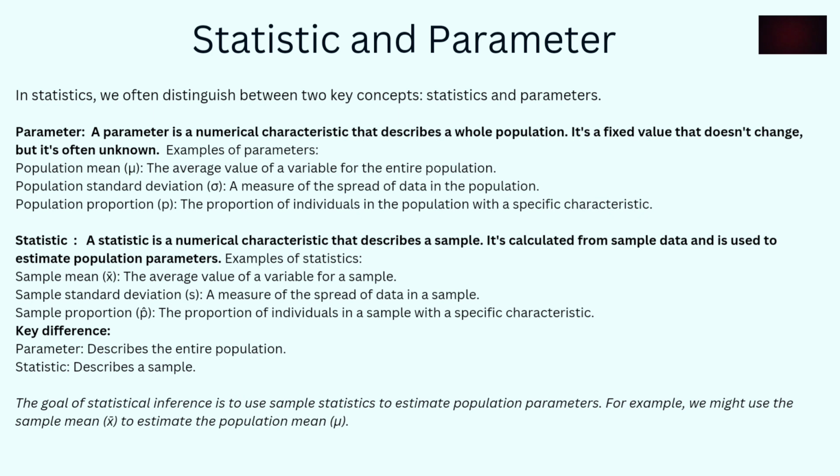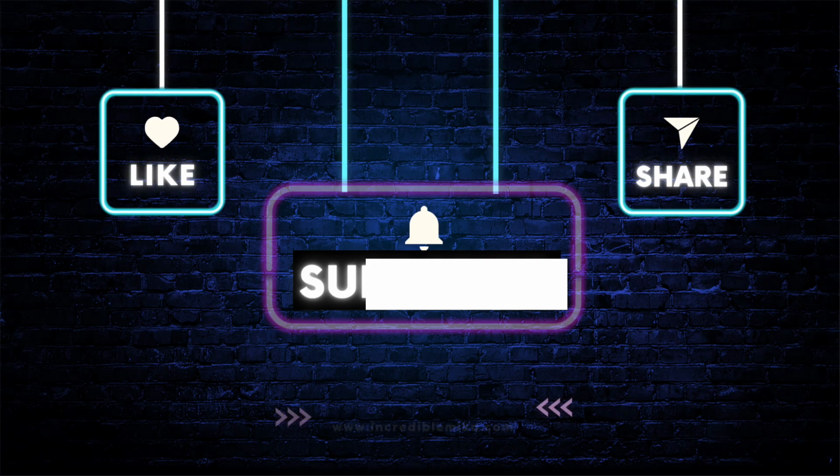Sample proportion p hat, the proportion of individuals in a sample with a specific characteristic. The key difference is that a parameter describes the entire population while a statistic describes a sample. The goal of statistical inference is to use sample statistics to estimate population parameters. For example, we might use the sample mean x bar to estimate the population mean mu.